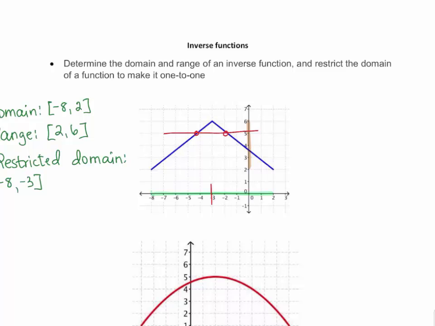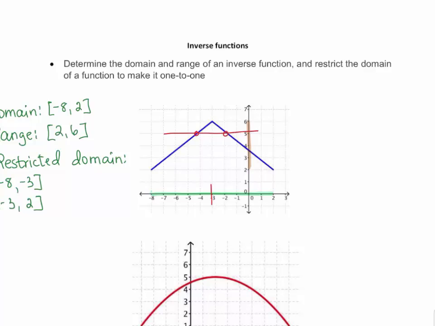And then from -3 to +2, that would be the other part of the domain. If you restrict your function to just one of them, then you will have a one-to-one function, and thus you can find the inverse. So that's what you do with this particular problem.